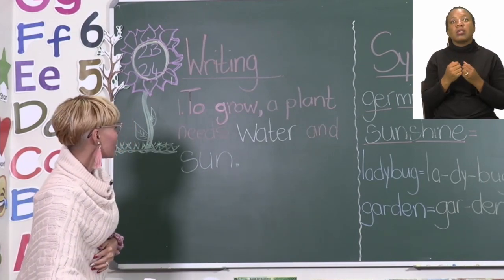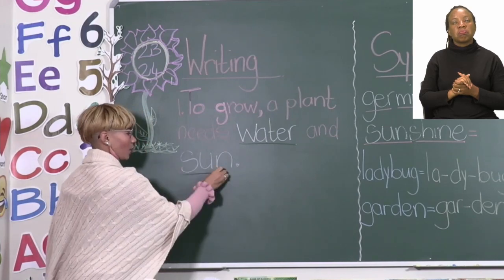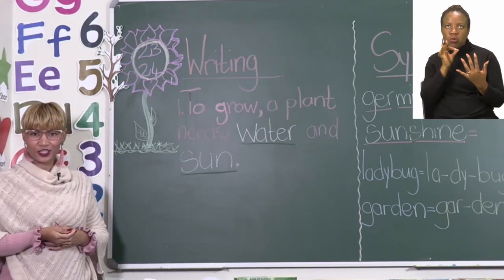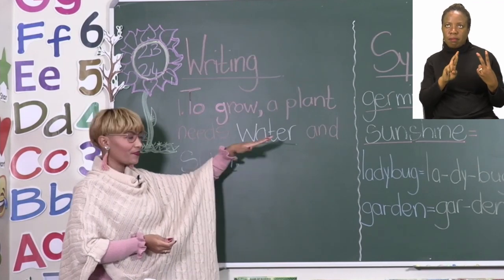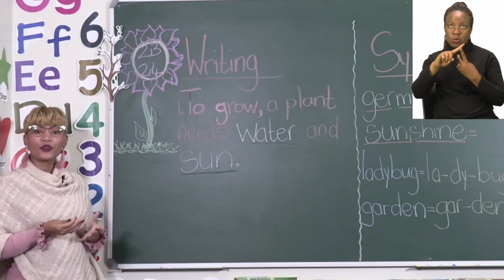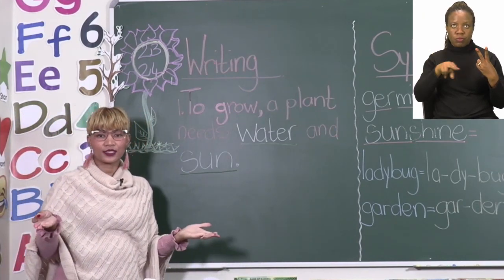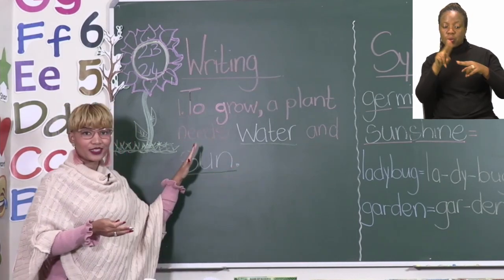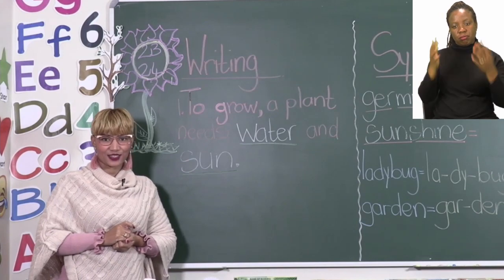Now, these are the 2 words that we have chosen from the words below the page. So, we have already used the word water and the word sun. So now you can go ahead and have a look at where all the other words that we haven't used yet will fit in to complete the sentences.